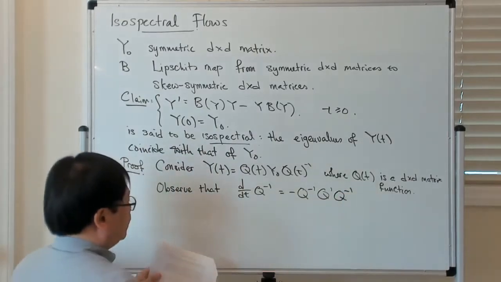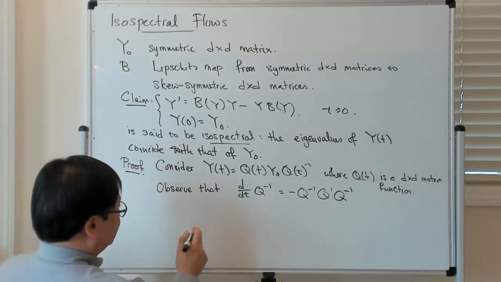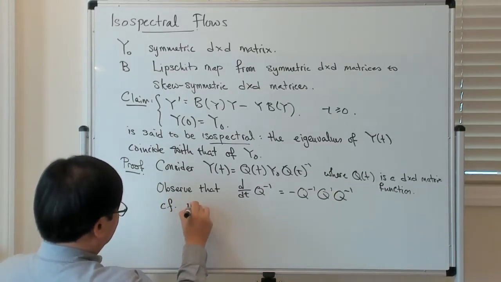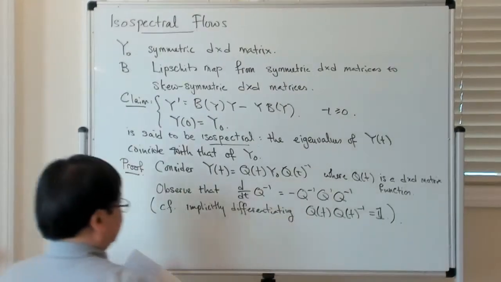All right, and you can convince yourself of this, so this comes from implicitly differentiating, and you can check that the time derivative of q inverse is given by this. Okay, so that's just where that's coming from.